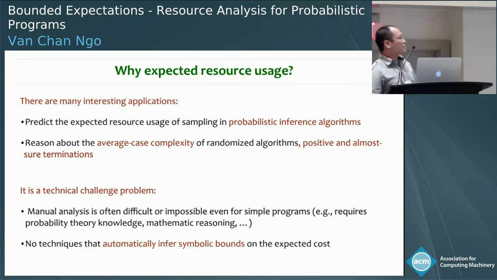Second, it is a technically challenging problem, because if you think about how to manually analyze the expected resource usage of probabilistic programs, it turns out to be very difficult or impossible in practice. Another thing is that there are no techniques that automatically infer symbolic bounds on the expected cost now. Okay.